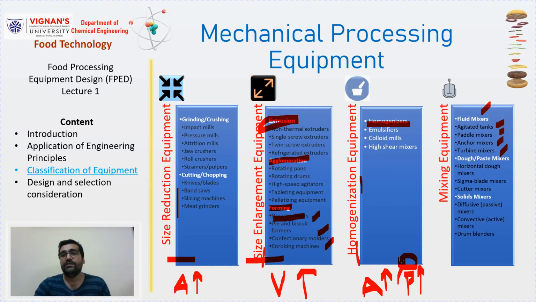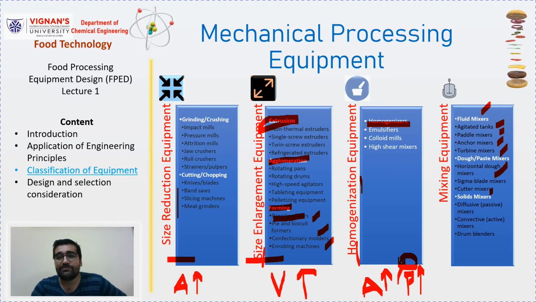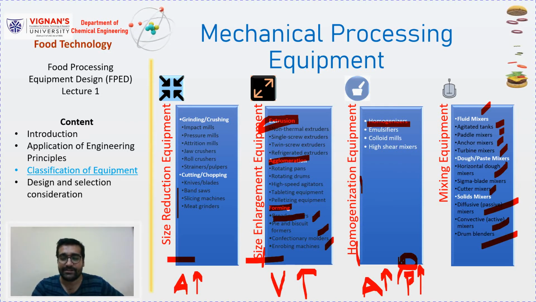In case of doughs, plastic mixtures, or paste, we'll go for horizontal dough mixers, sigma blade or cutter mixers. In case of solids, we go with diffusers, convective mixers, drum blenders.